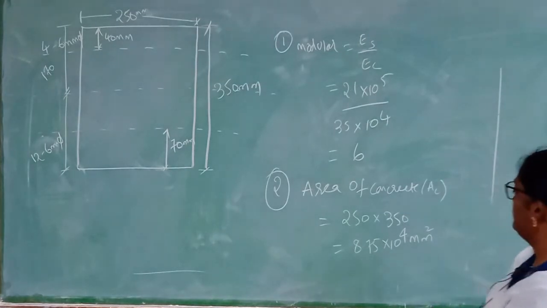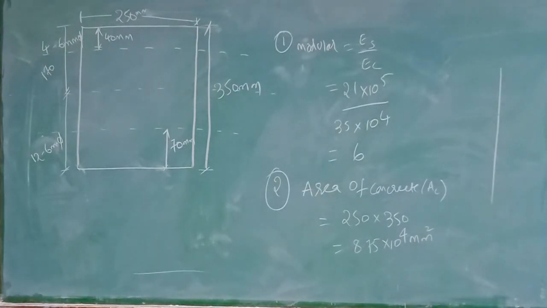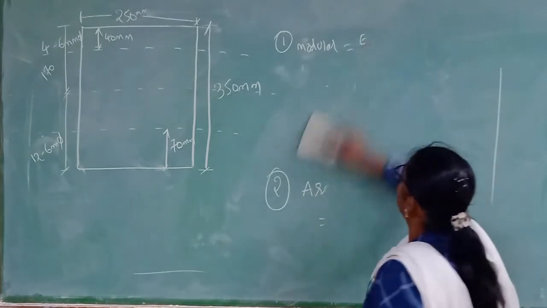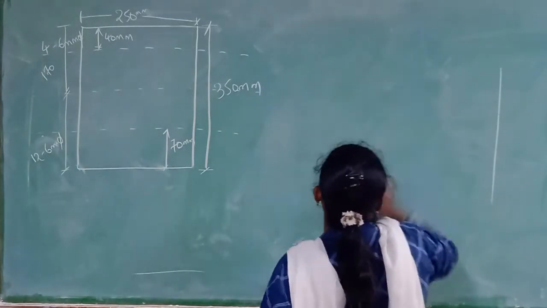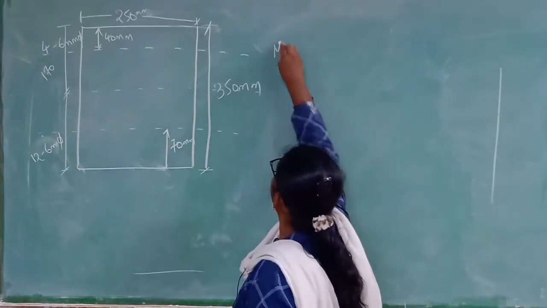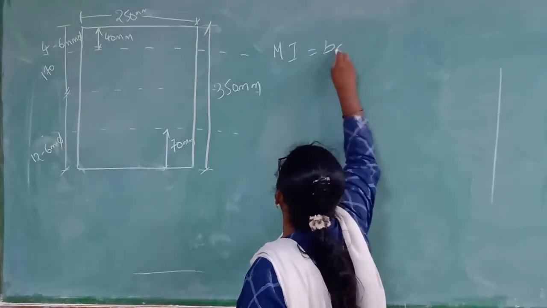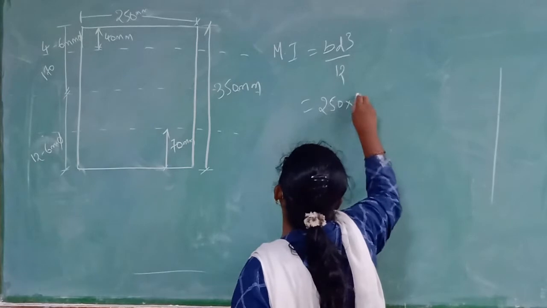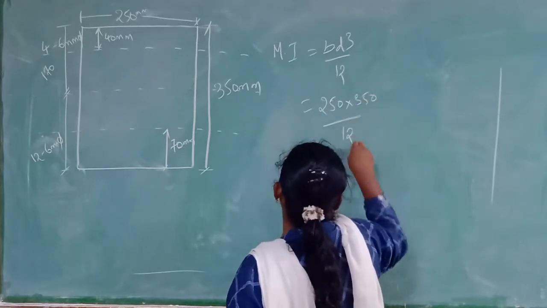Next, we need to calculate the moment of inertia. The steps have already been given in your second problem. Here the moment of inertia is equal to bd cube by 12, that is 250 by 350 cube by 12.